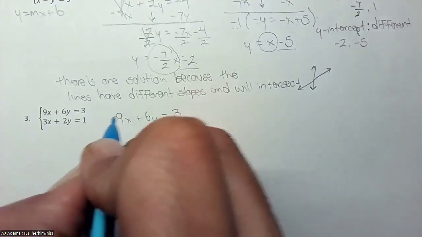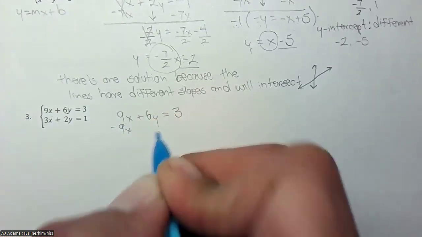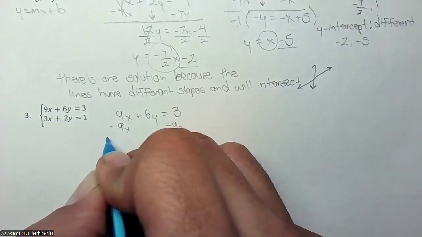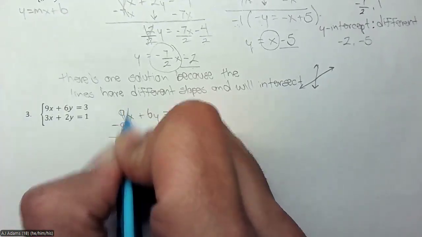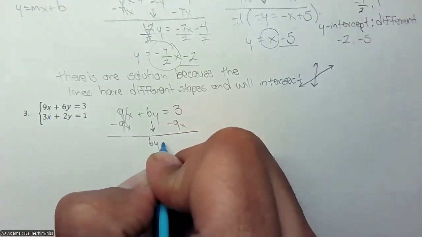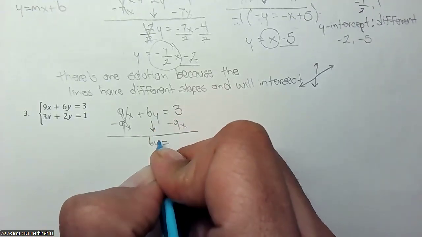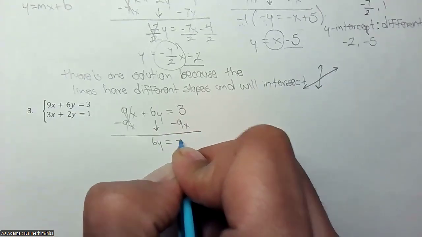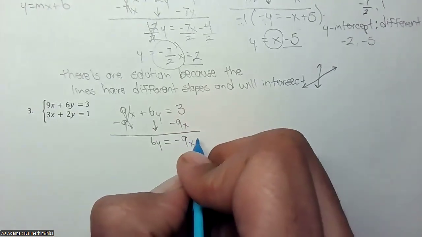Y should be the only term on the left, so we can subtract 9x from both sides. We can bring down this 6y term. 6y equals negative 9x plus 3.